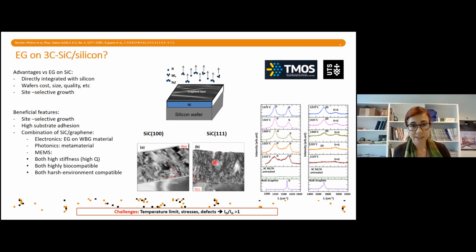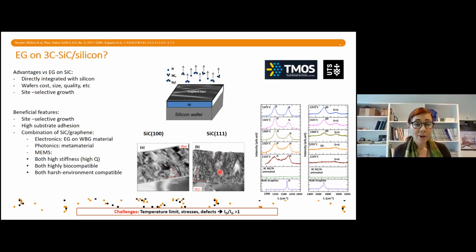That's quite straightforward to understand. Temperature limit as well: at 1440 silicon melts. You cannot go much higher than that. Well, actually, you cannot go much closer to that, that's what I really meant. Otherwise, you will have certain problems. So the temperature limitation is another big problem.